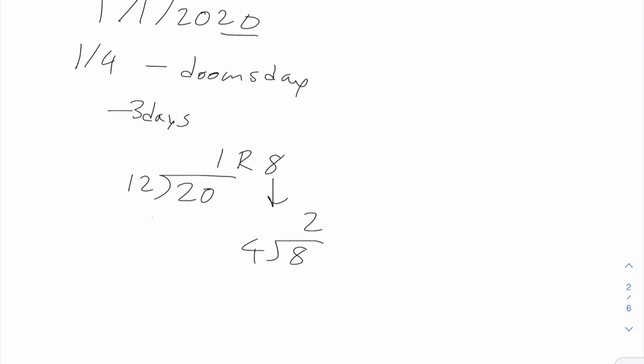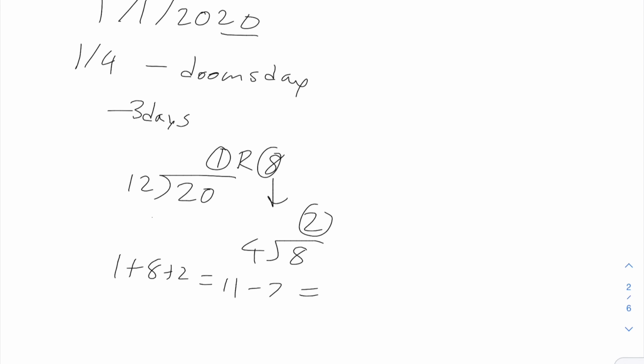So we take this 2 and then we add all of these numbers up. So we add the 1, we add the 8, and then we add the 2. So we have 1 plus 8 plus 2, which is 11. Then we want to get it as low as possible, so we subtract 7 in this case. We will always keep subtracting 7 until we get a number where we can't subtract 7.